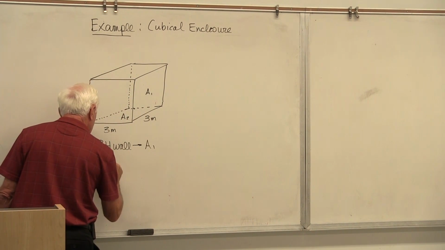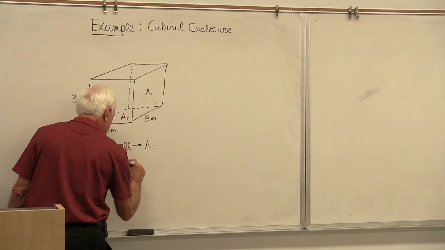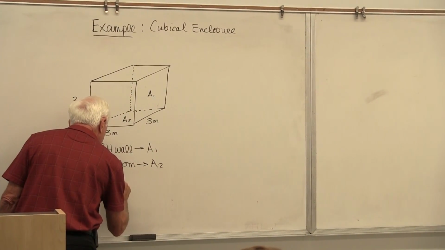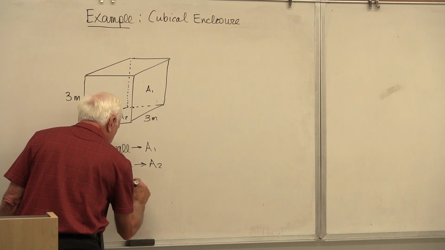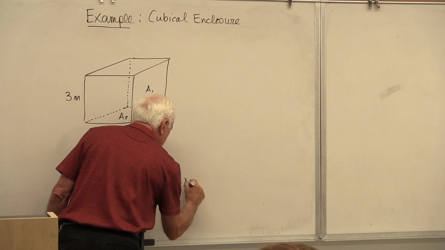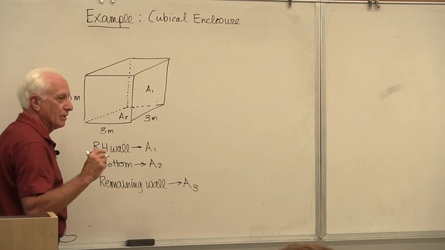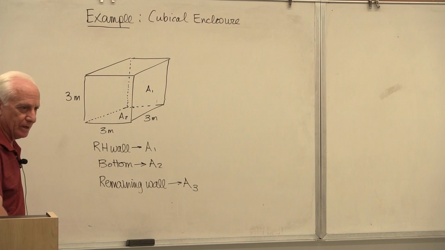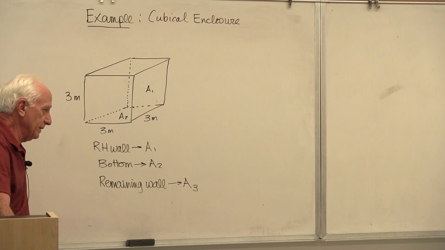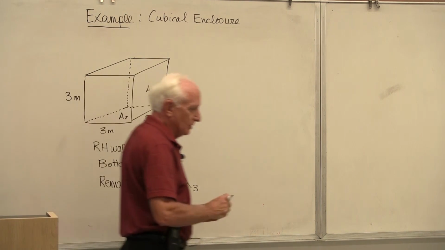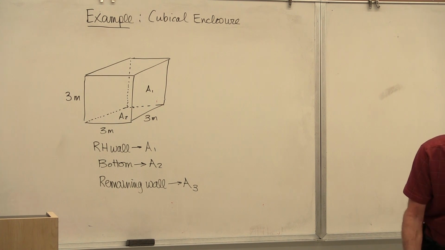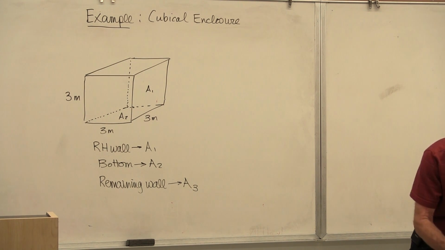The bottom is A2, and the remaining walls are A3. So we call that a 3-surface enclosure because we're going to say the temperature of wall 3 is constant. It's given. So assume that we're given the temperatures in the enclosure.